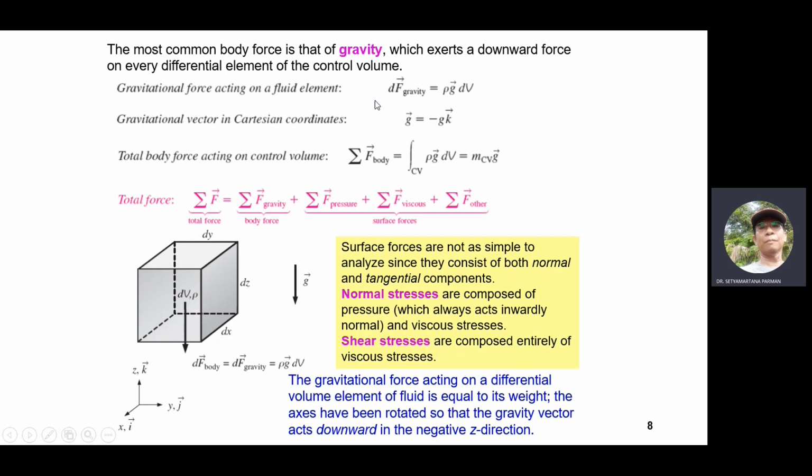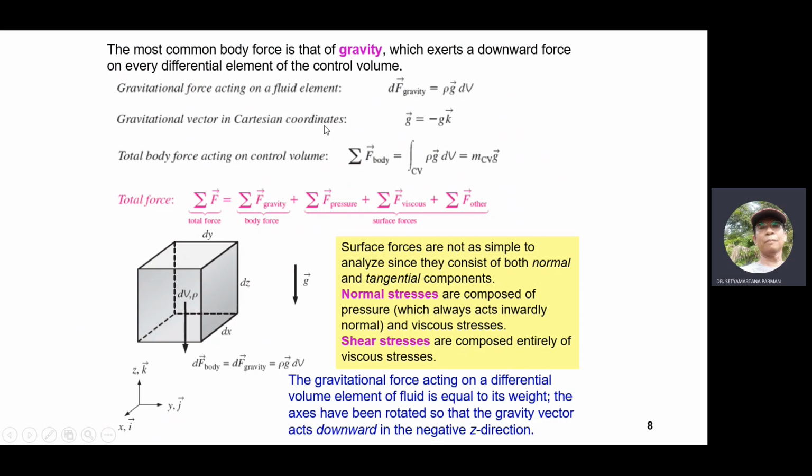So the gravitational force acting on a fluid element is expressed as dF gravity equal to rho g dV. dV is the elemental volume, g, of course, is the gravity acceleration, and F gravity is the gravity force working on that volume.